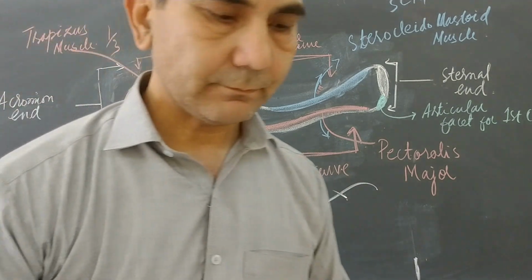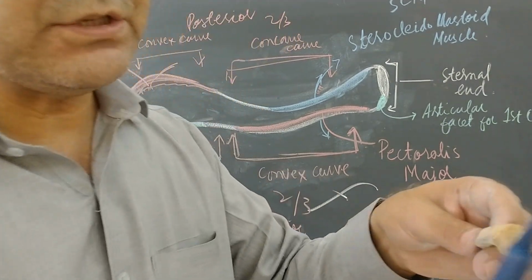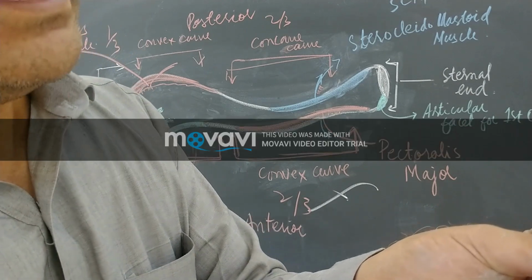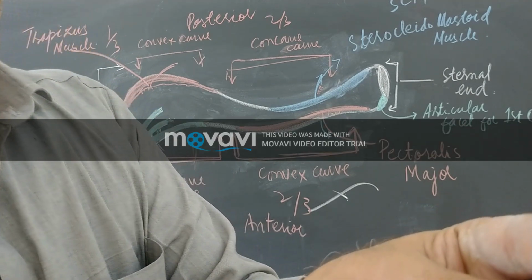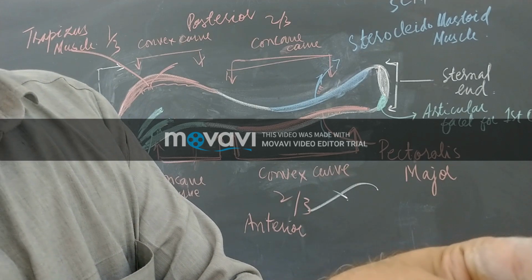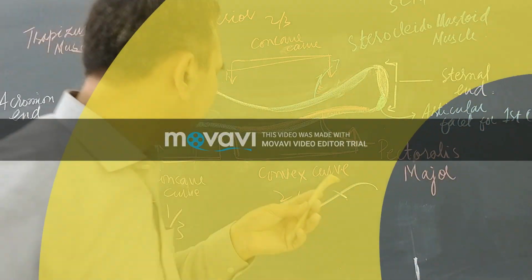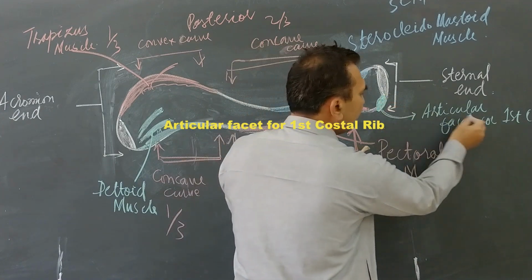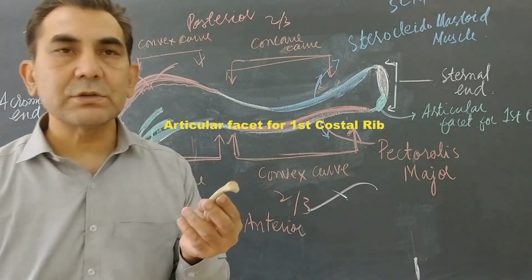Okay. Now you see at the external end there is another articular facet over here. This articular facet is for the first costal rib.